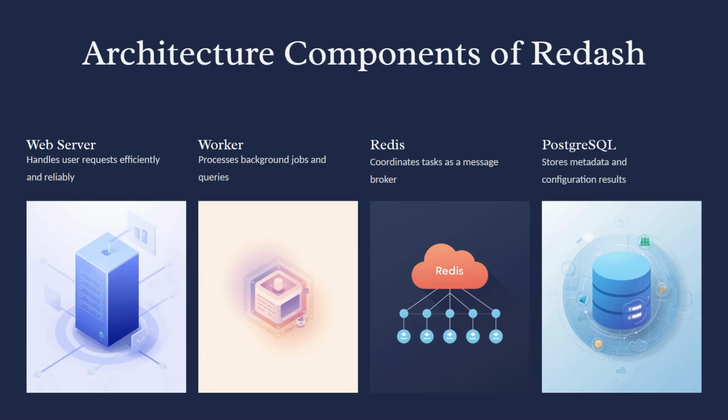Third is Redis, the message broker that manages background tasks and query execution. Fourth is PostgreSQL, which stores queries, visualizations, users, dashboards, and configuration. Fifth is data sources, the external systems you connect to: MySQL, PostgreSQL, Oracle, MongoDB, Elasticsearch, and many others.